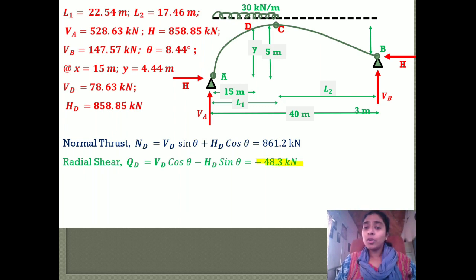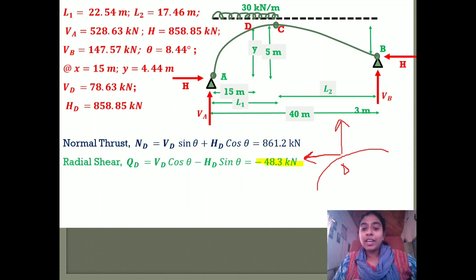When our arch is like this, at any section of the arch we will have the vertical shear VD, and here the horizontal shear is HD, if this is D. Sorry, mistake, here our vertical shear is like this, right?